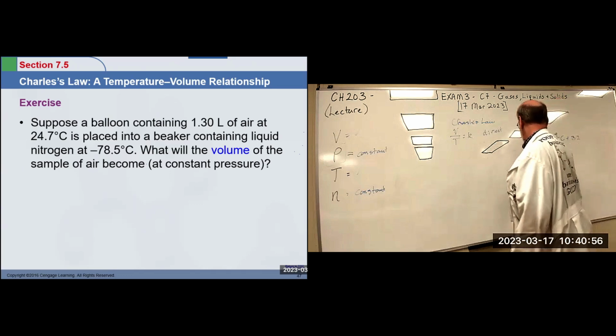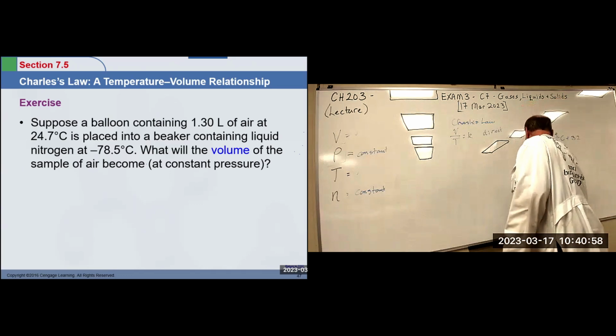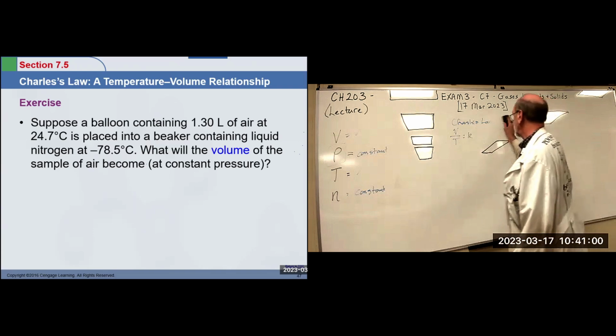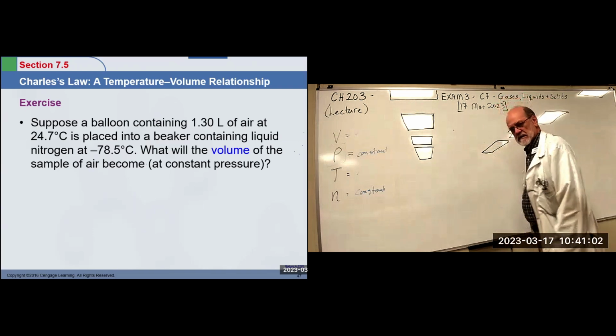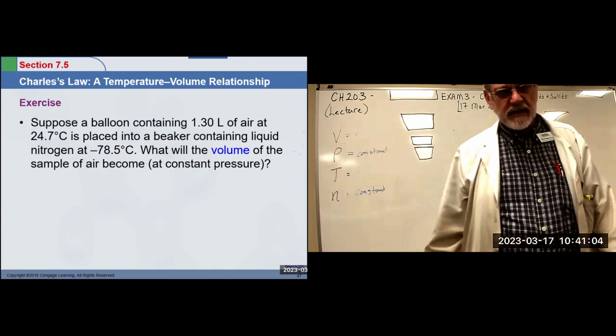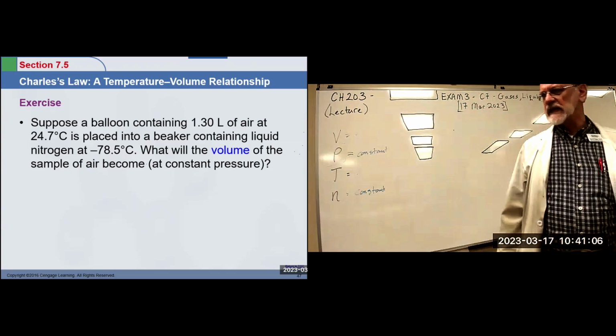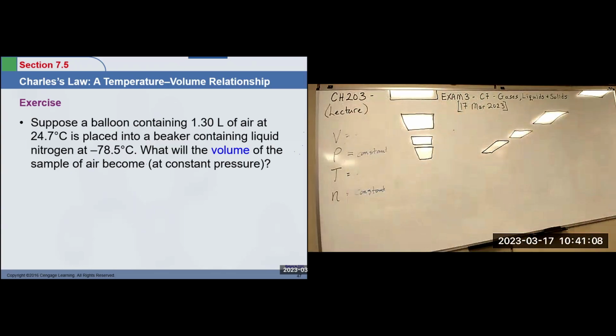Let me take a closer look at that, because that's not liquid nitrogen. That's an error. Liquid nitrogen is a lot colder than that. Let me mark it so I can fix it later. Here we go.